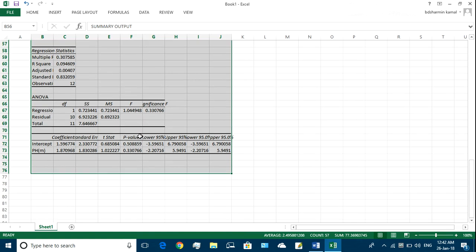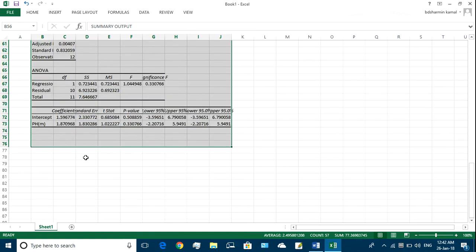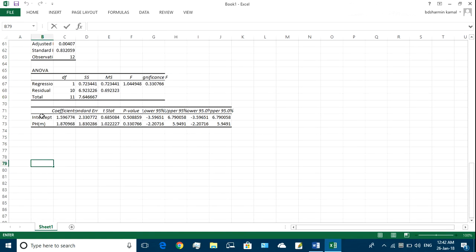Now let's move on. Here the intercept term is 1.59667, and pH, that is our value of x, equals 1.87096.